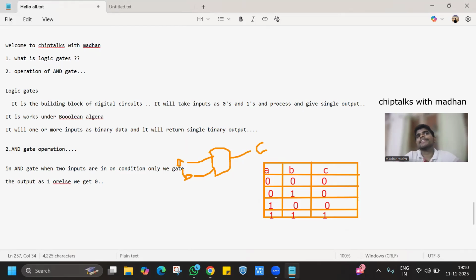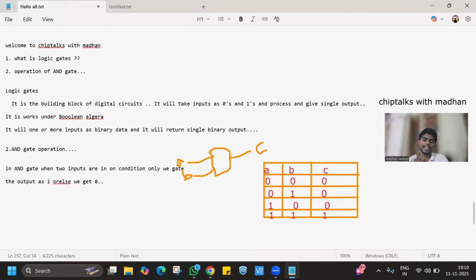We can consider an example of an LED bulb connected to two switches. If only one switch is on or one switch is off, the bulb will not glow. If switch A is off and B is also off, the bulb will not glow.